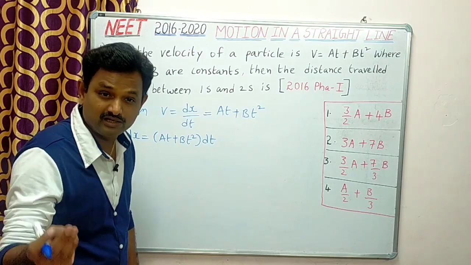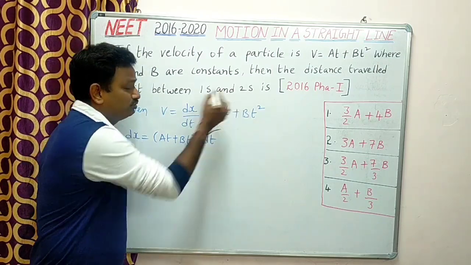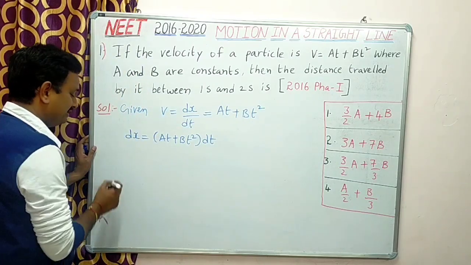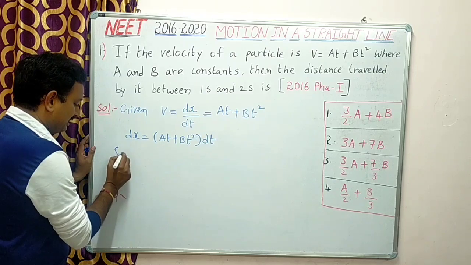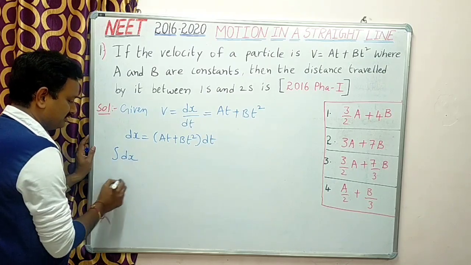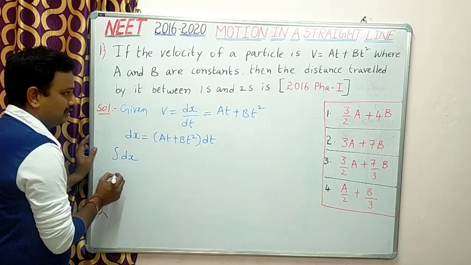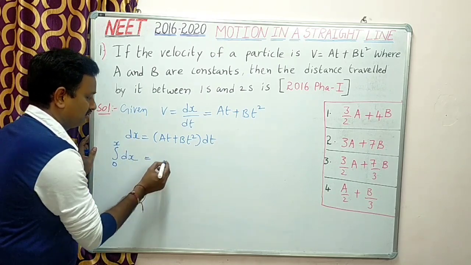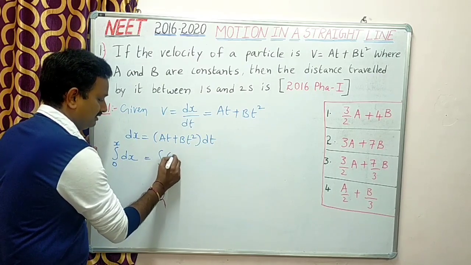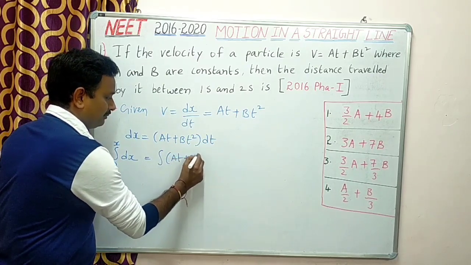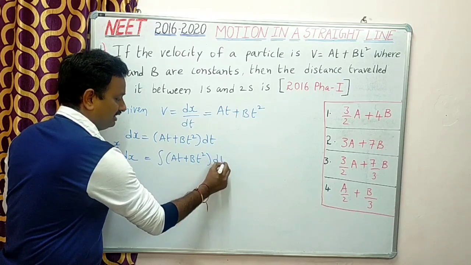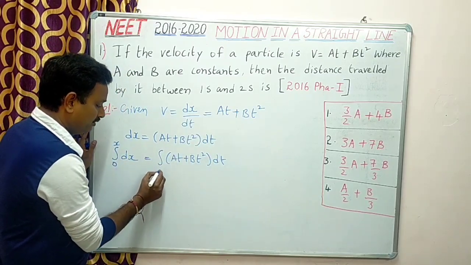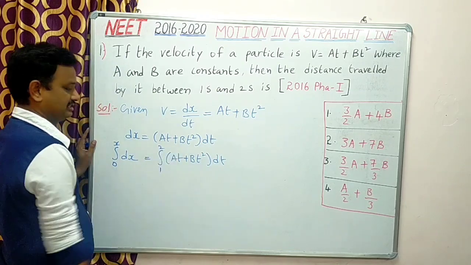If I want to calculate distance from 1 second to 2 seconds, I need to take integrations on both sides. Look at here. Now integral dx, limits 0 to x, is equal to integral at plus bt square into dt, lower limit 1 second, upper limit 2 seconds.